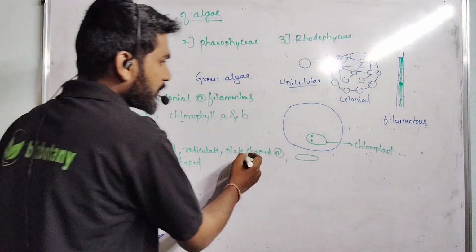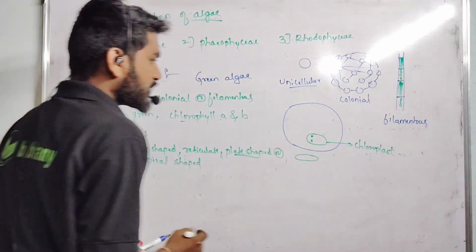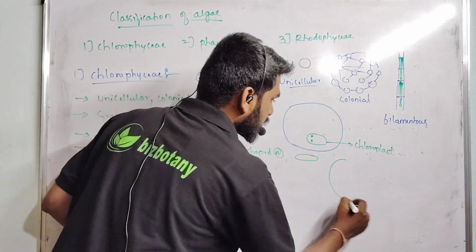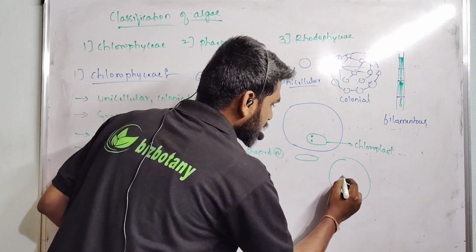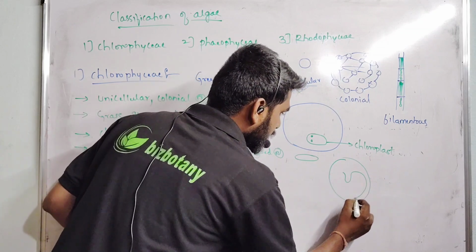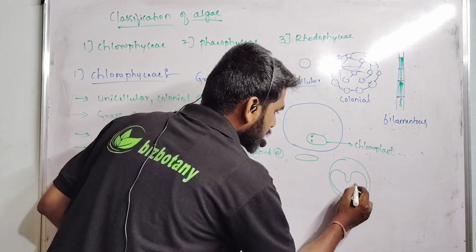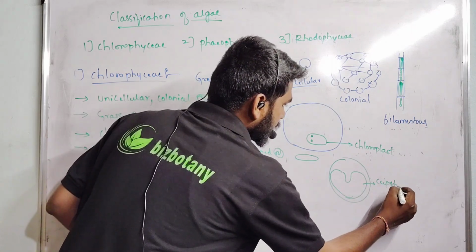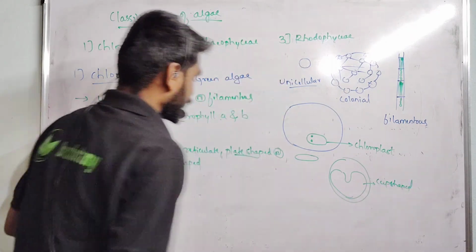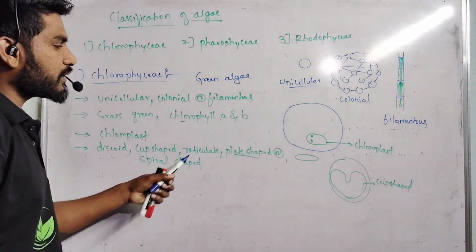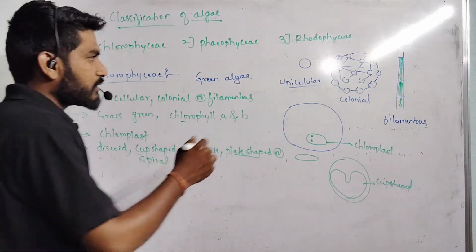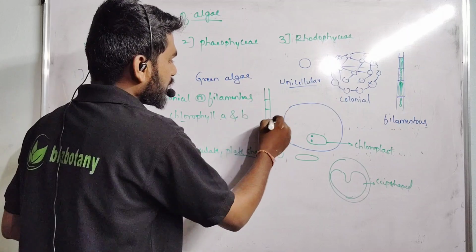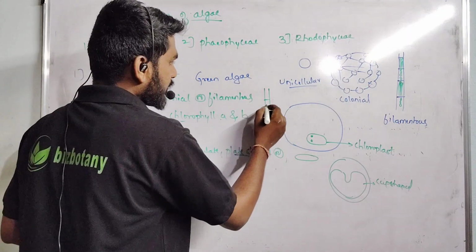Sorry, this one is plate shaped. Third one is cup shaped. In some cases you can see cup-like structures. This structure of a chloroplast we call a cup shaped chloroplast. Reticulate means network like. In some cases a network-like arrangement of chloroplast will be there.